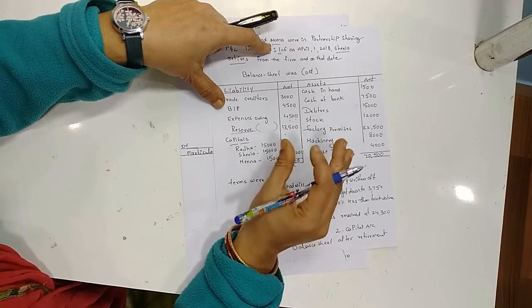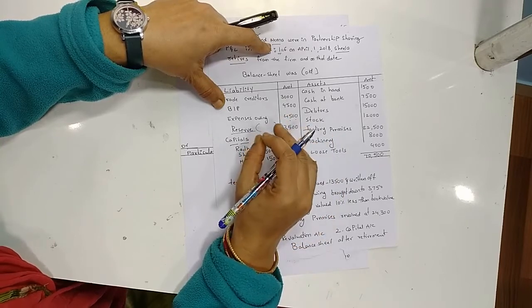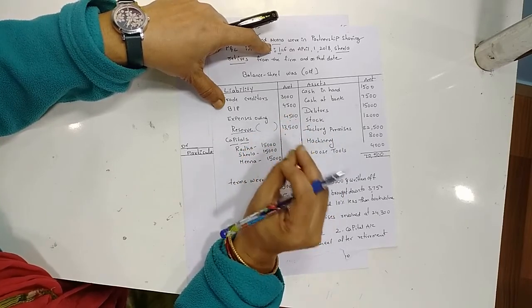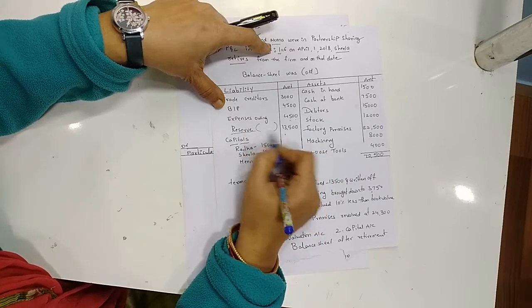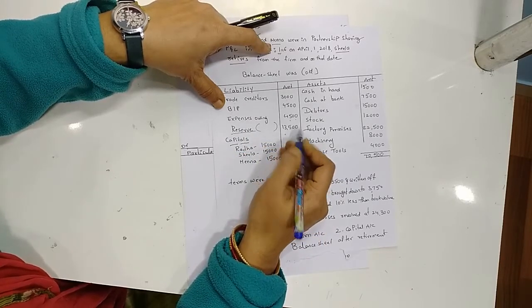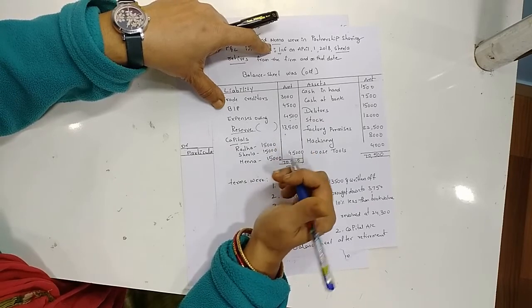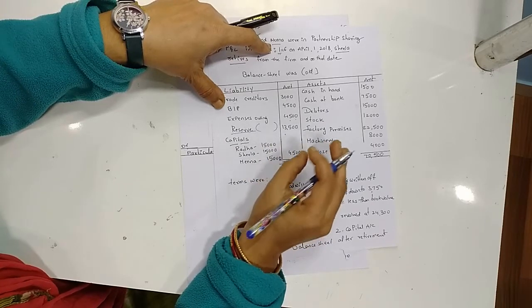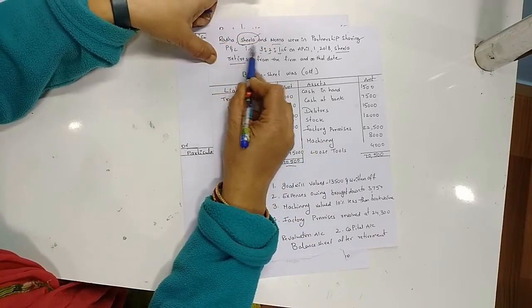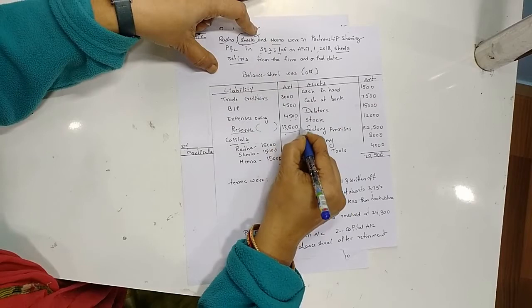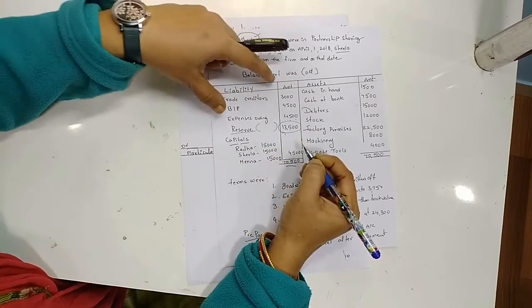They will keep a small percentage aside because the future is uncertain. If in the future you get any loss, you can survive with the help of this reserve. To face that loss or to decrease the burden or risk of loss, you keep some amount of today's profit aside. So these 3 partners, Radha, Sheila, Meena, saved 13,500 aside to face future risk.